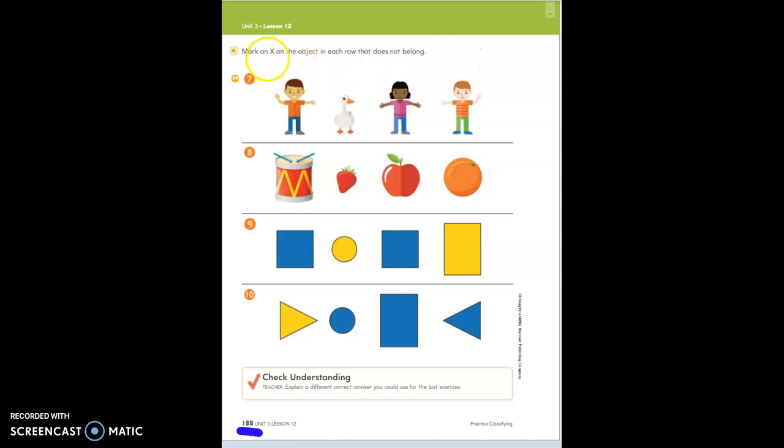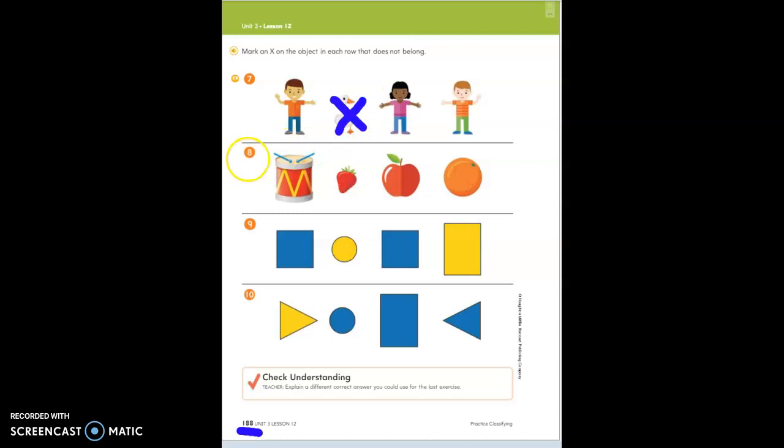So in this first row, I see a boy, a goose or a duck, a girl, and another boy. So I'm noticing that majority of these objects or people are alike, and one is very different. And they want me to put an X on the one that does not belong.